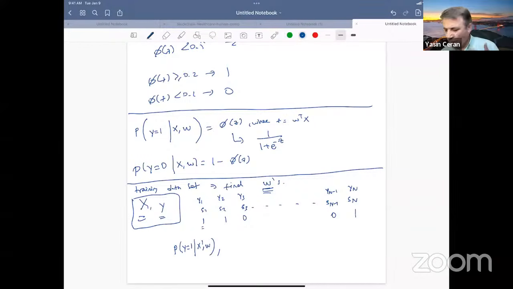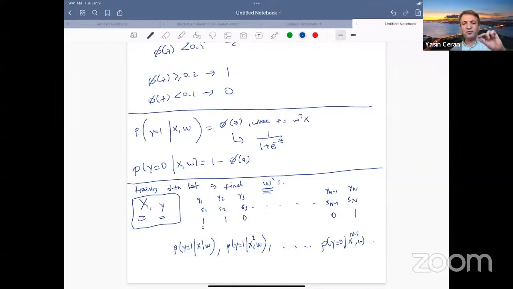Then I'm also interested in the second student, whether she is 1 or not, given her data and the W. W will be the same for everyone. And I will continue this way: Y is 0 given X n minus 1, W, and so on and so forth.